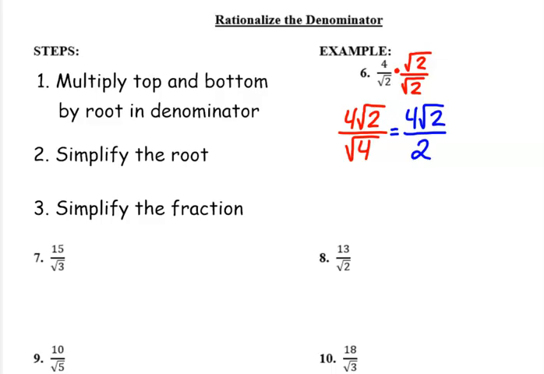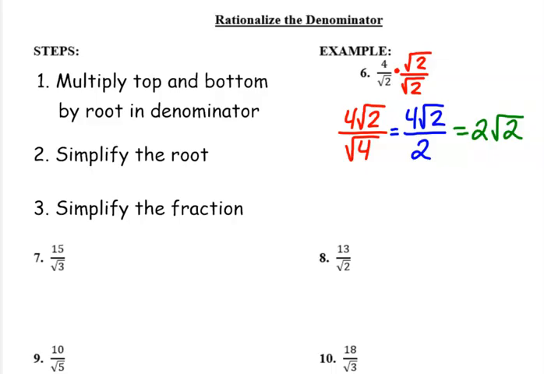So I'm going to perform that division. 4 divided by 2 is 2, and then the square root of 2 is still behind it. Sometimes that won't divide or simplify, and my blue fraction that was there will be my final step. If instead of a 4 on the top, that had been a 5, for example, 5 root 2 over 2 would be my final answer.